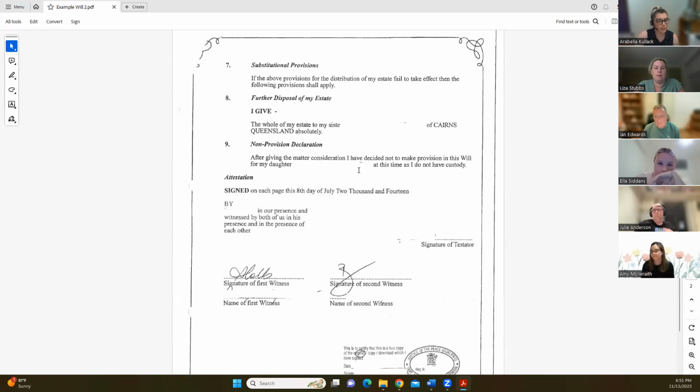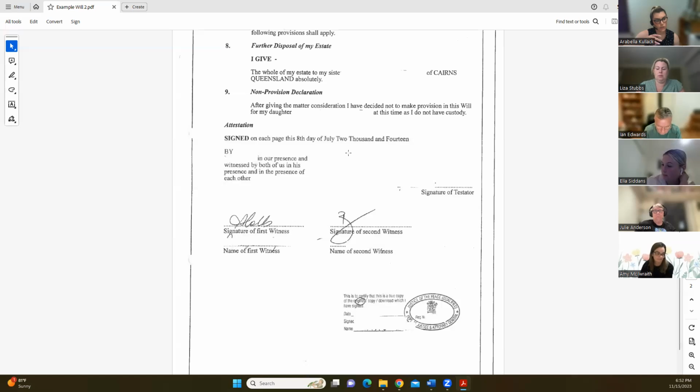This is really interesting and something that we will touch on a little bit later down the track. Including these sorts of statements doesn't necessarily mean that, in this case, the daughter can't challenge the will. So a lot of people do include them, and there's mixed thinking around whether or not it is a good idea or a bad idea to do so.